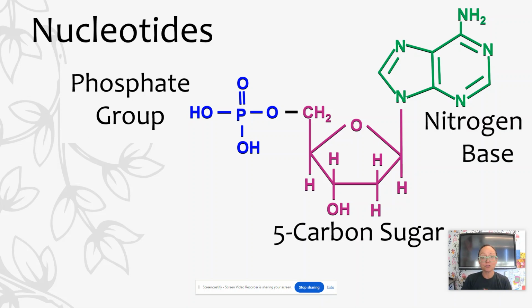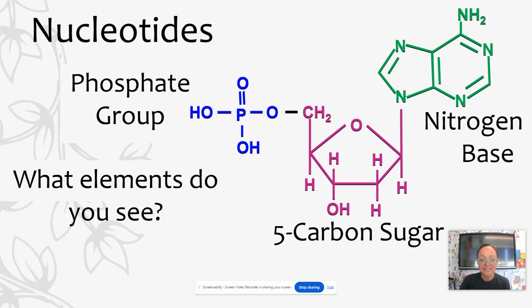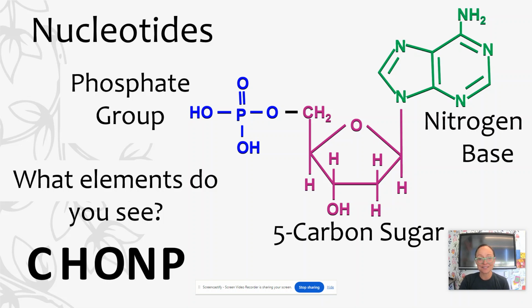So when we think back to macromolecules in life on Earth, while life on Earth is made from carbohydrates, lipids, proteins, and nucleic acids, those macromolecules are made from certain elements, right? What elements do we see in these nucleotides? We see carbon, hydrogen, oxygen, nitrogen, and phosphorus. So nucleic acids have all 5 of the major elements that are necessary for life on Earth.